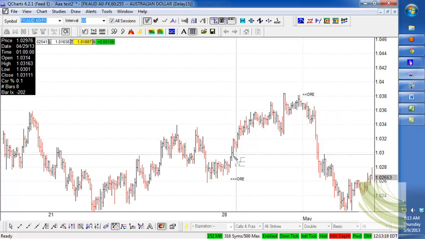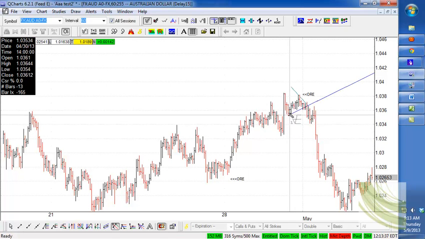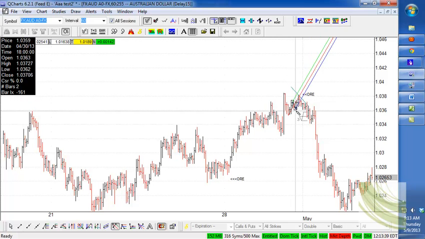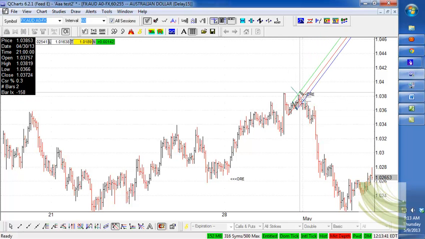Okay, so let's say, for example, your ore line was that. So here's your ML, and here you have your breakout.